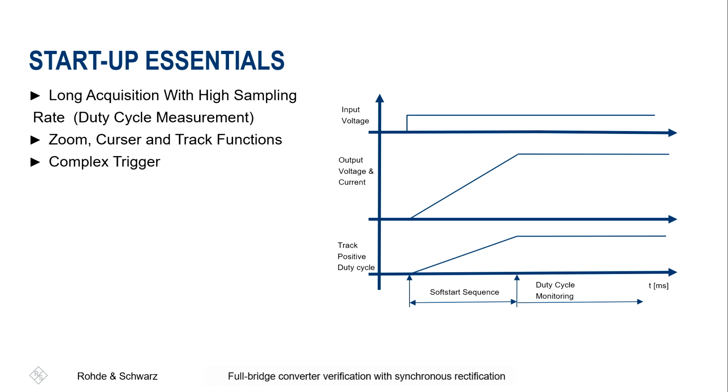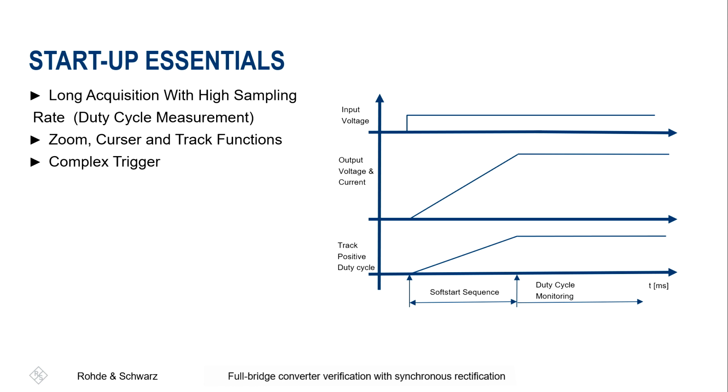Because when you want to see the duty cycle, single duty cycles, and the variation of the duty cycle, you need not only a long acquisition, you also need to sample at a high rate to get everything visualized correctly. So a high sampling rate is required, at the same time a long acquisition, and that is already a challenge.